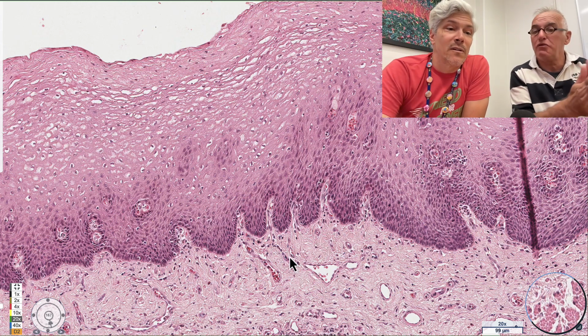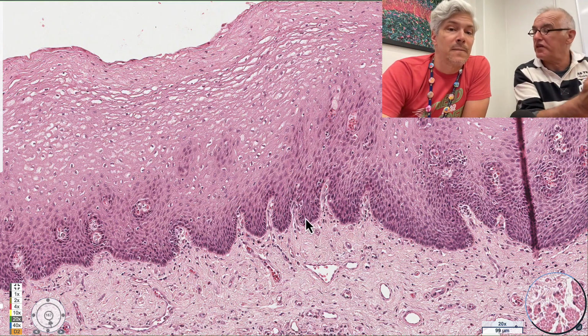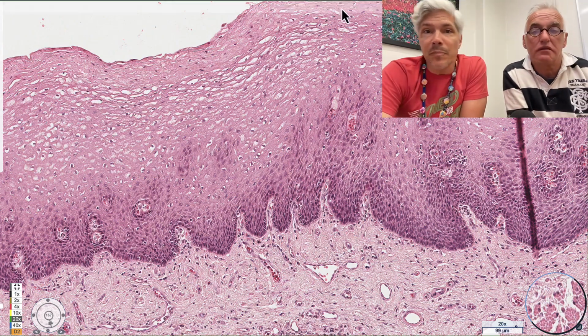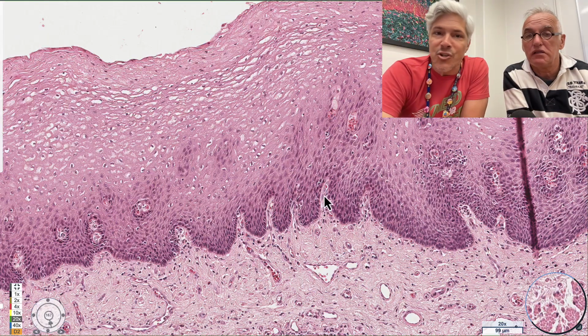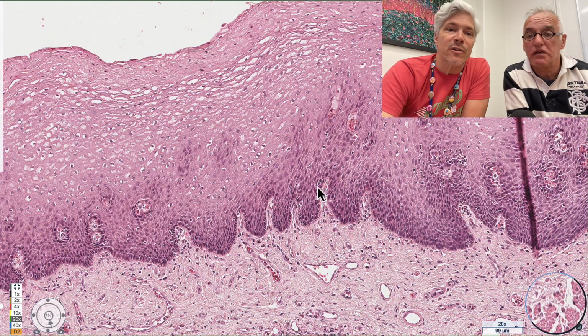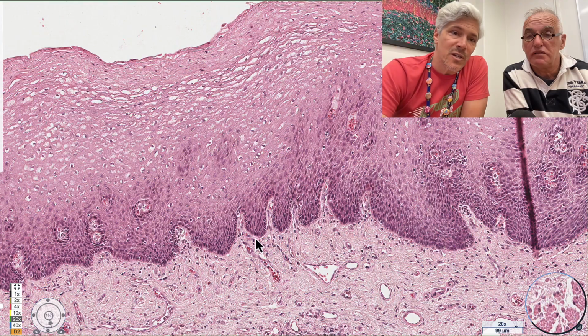Because you don't want any friction or movements moving the layers over each other. Yeah, imagine something sliding across the surface of the esophagus here. That might apply a shearing force that would then cause the epithelium to abrade or slide back and forth over the underlying tissue. So this helps hook us in and keep us attached, right?